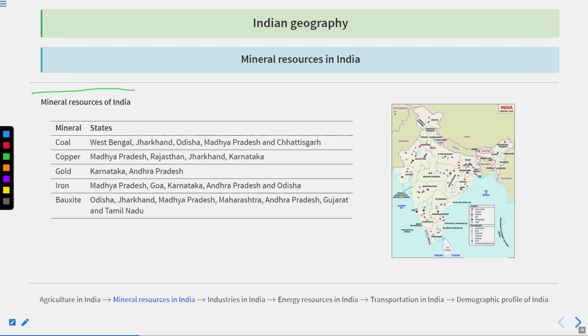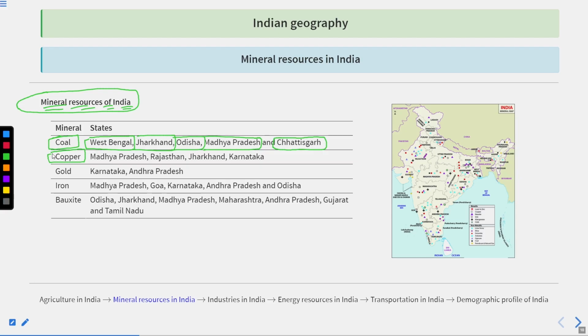If we talk about the mineral resources that are found in India at different places. First mineral is coal, found in the states of West Bengal, Jharkhand, Odisha, Madhya Pradesh and Chhattisgarh.